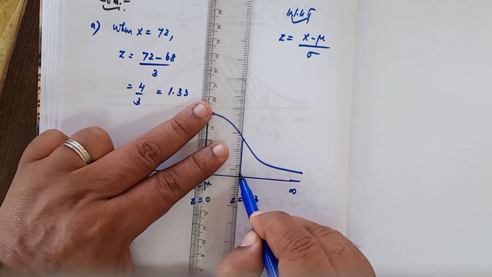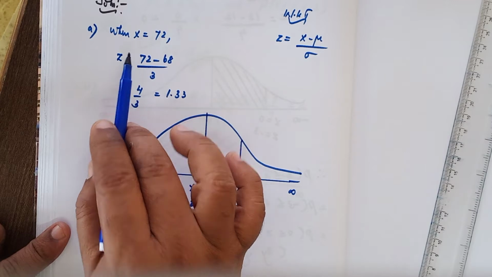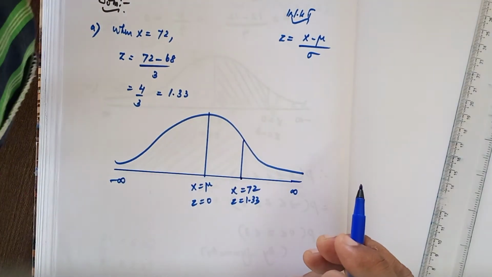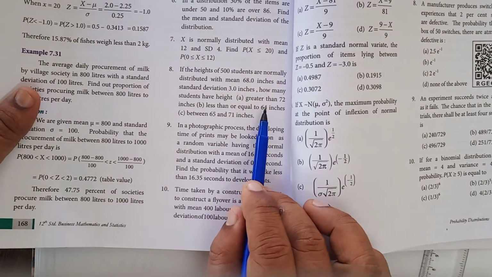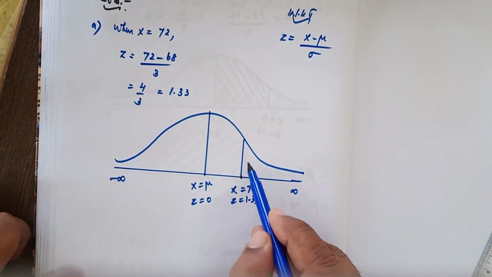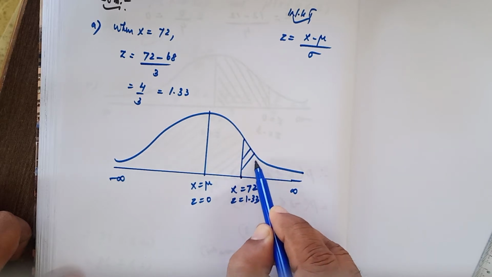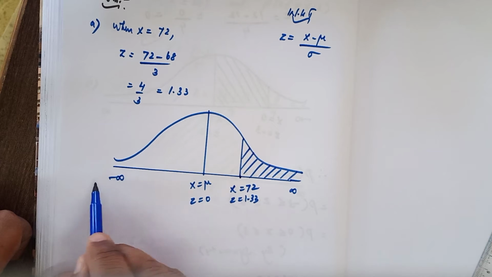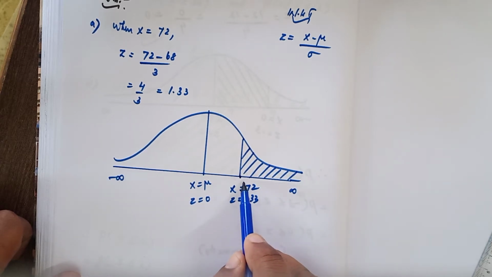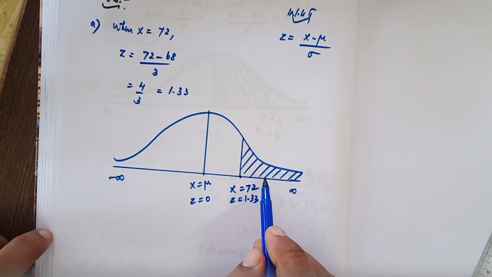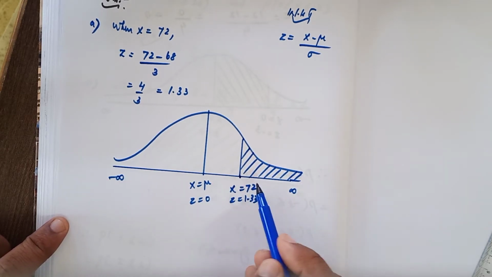Draw a line. The corresponding value of x is equal to 72. After that, refer the question, greater than 72 is given. Greater than 72 means the right hand side of x equal to 72 to be shaded till infinity. If it is less than, the left hand side portion is shaded; it is greater than, so the right hand side portion of x equal to 72 is shaded here. This area is to be calculated, right?